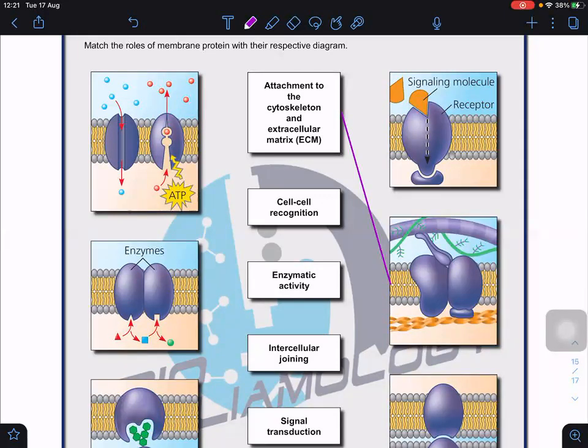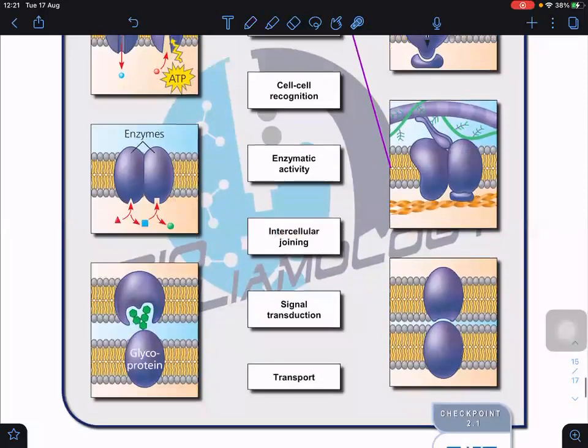Next, cell and cell recognition. What does it mean? Generally, it is how your immune cell knows, this is my own cell, this is bacteria, this is fungus. The cell may have a protein to recognize the glycoprotein.